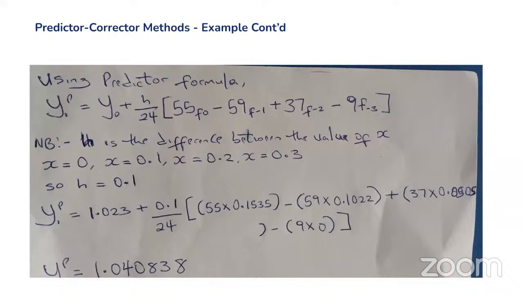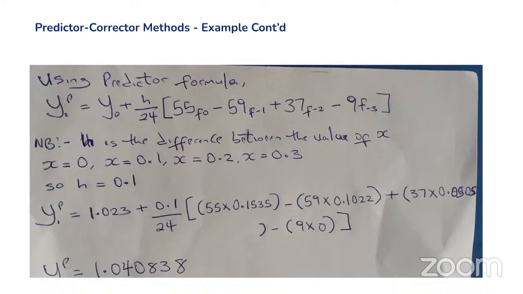Insert our y naught that was given in the question, insert our step size 0.1 divided by 24, then in brackets, 55 times the value of f subscript 0 that we solved using the condition given in the question in the previous slides.